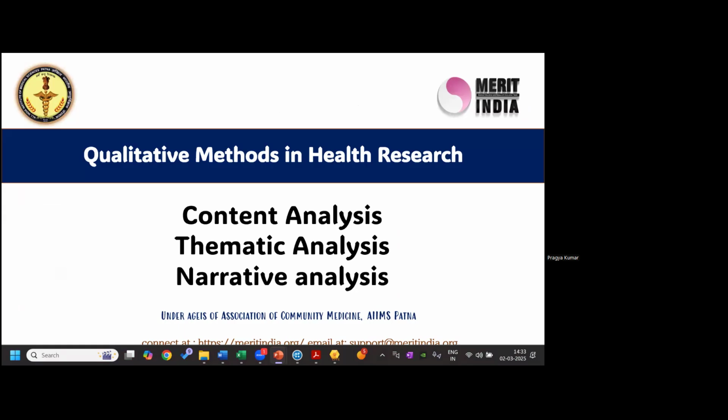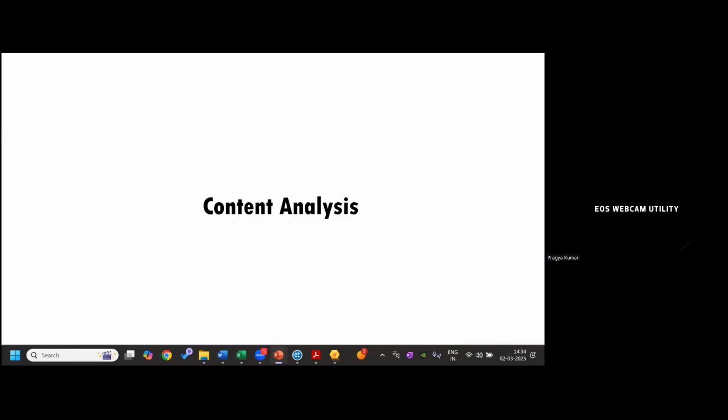It is very much similar to the approach we have seen, and content analysis we have seen, but again I'll repeat what content analysis is. And there is one more analysis, discourse analysis. So there are four types of analysis which we are going to learn: content analysis, thematic analysis, narrative analysis, and discourse analysis. So what are these types of analysis?